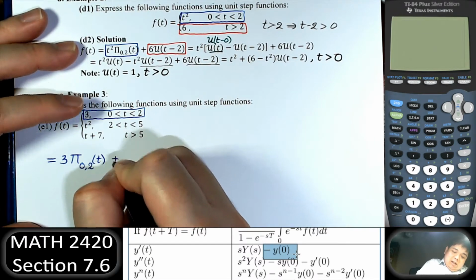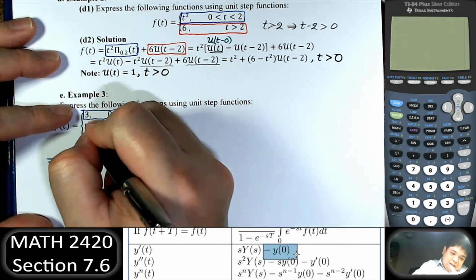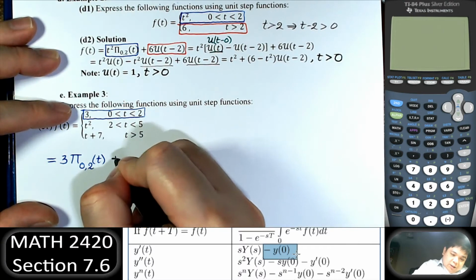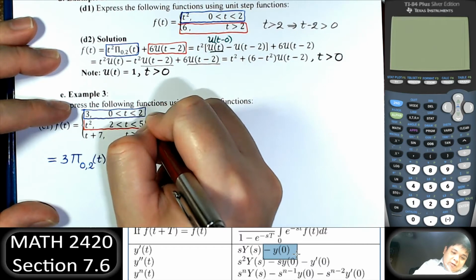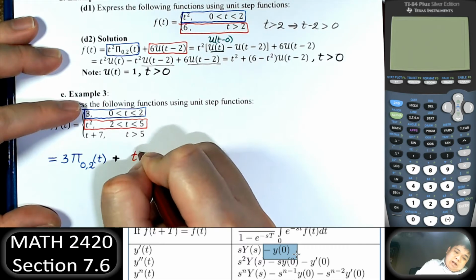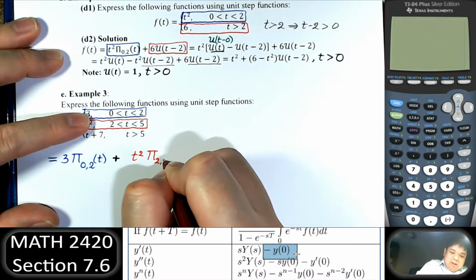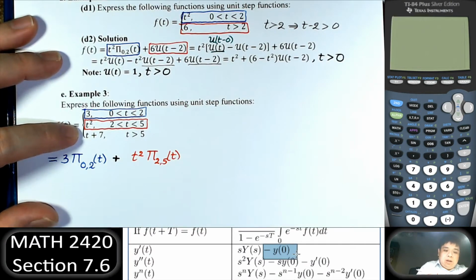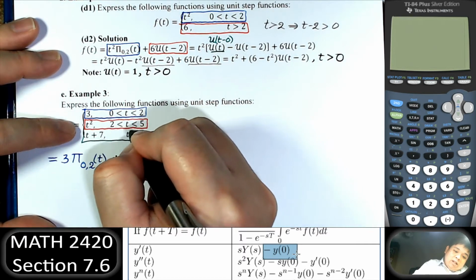And then plus t squared from 2 to 5, and we have t squared times the window from 2 to 5. And after that, we just have t plus 7, t greater than 5.